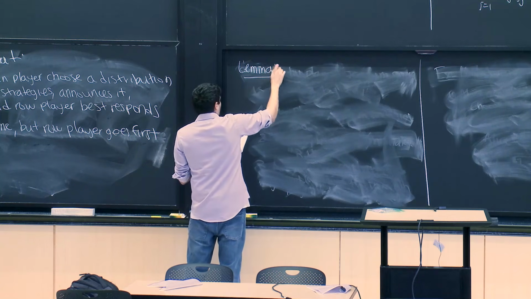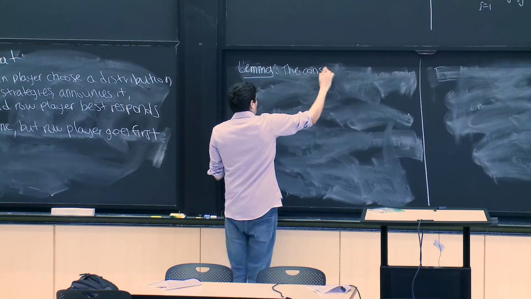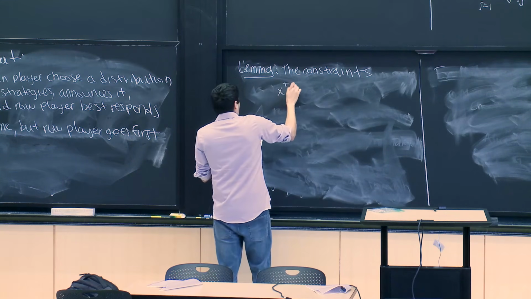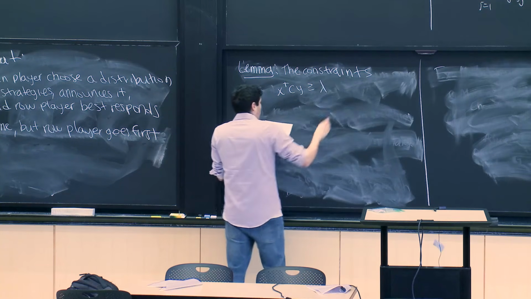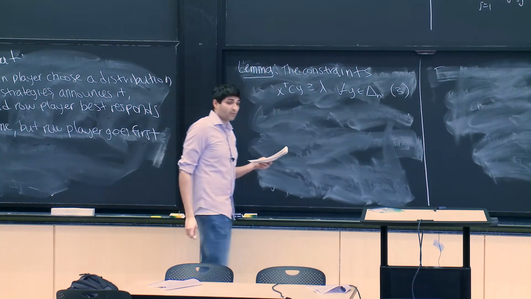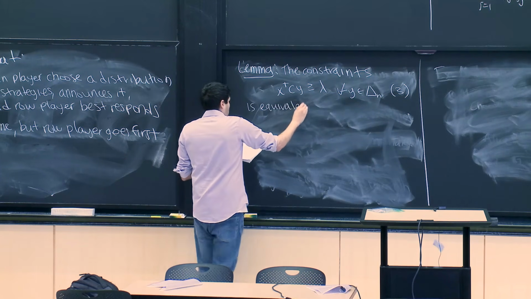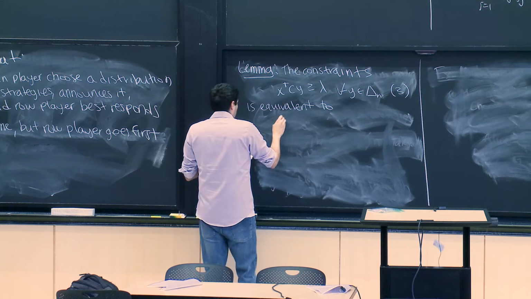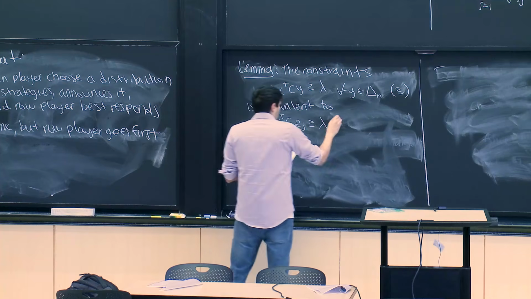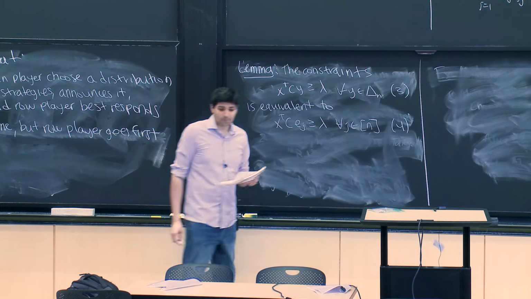So here's my key helper lemma we're going to use to prove the min-max theorem. I claim that the system of constraints x transpose C y is at least lambda, and this is true for all y in delta n, which I'll call constraint system 3, is equivalent to the constraint x transpose C e_j is at least lambda, and this is true for all j belonging to n, which I'll call constraint system 4.